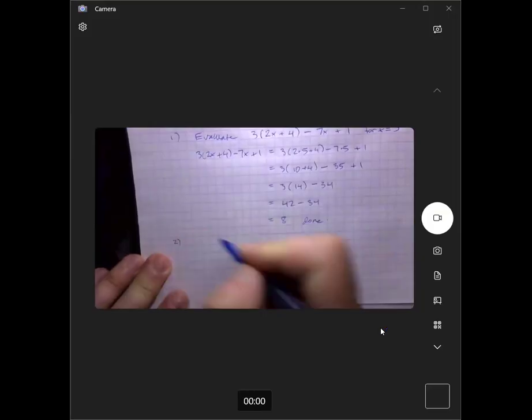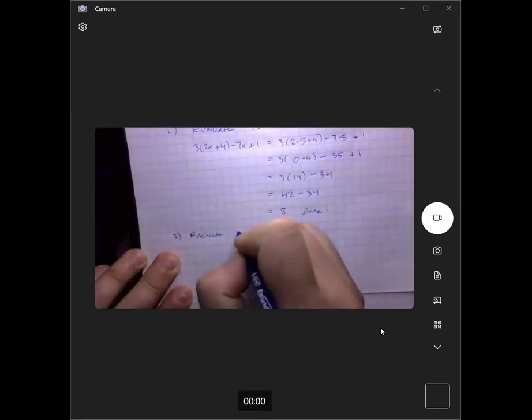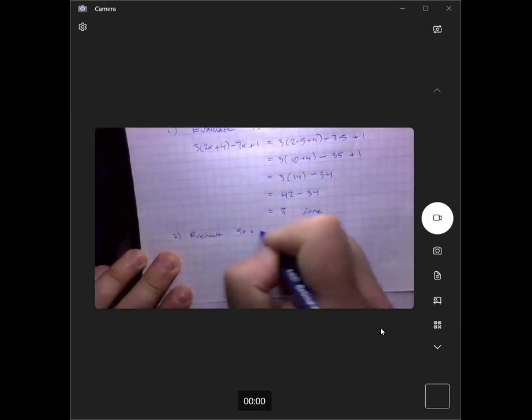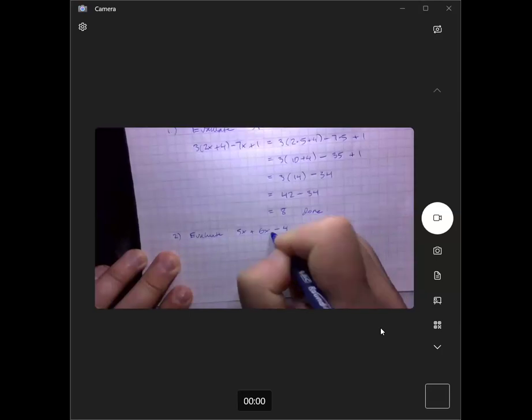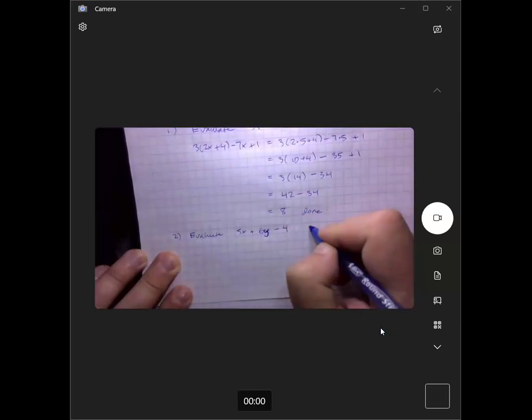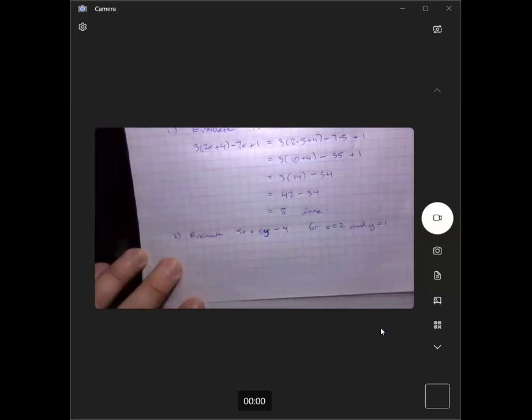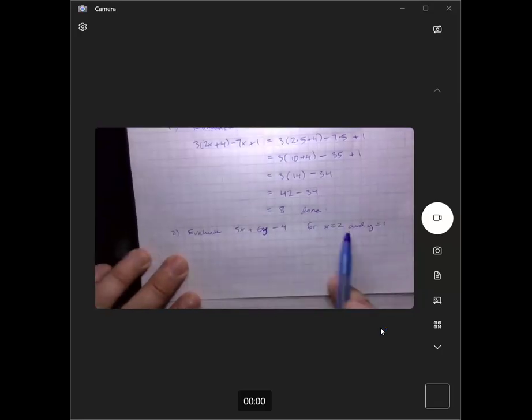So, another example of evaluating an expression with multiple variables. Let's do 5x plus 6y minus 4, for x equals 2 and y equals 1. The process is the same.